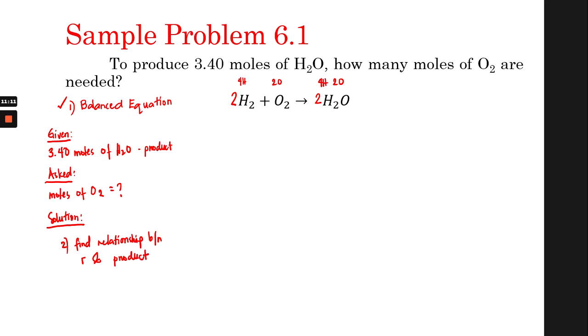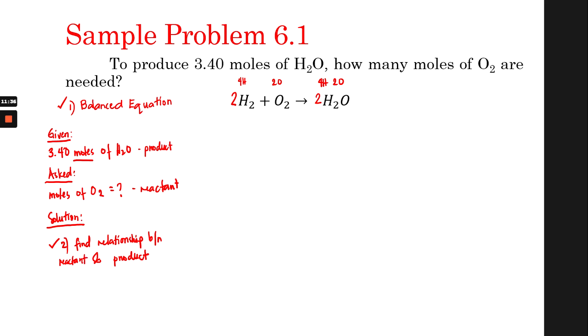Why is this important? Well, this is your mass relation, or in this situation, it's a mole relationship, since we have moles of product and a certain number of moles of our reactant. So find the relationship between your reactant and your product.